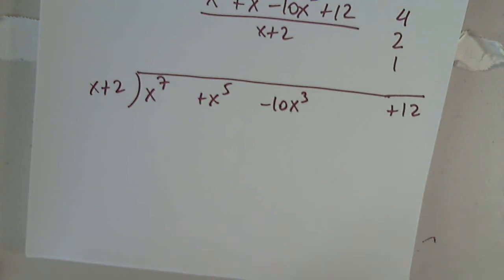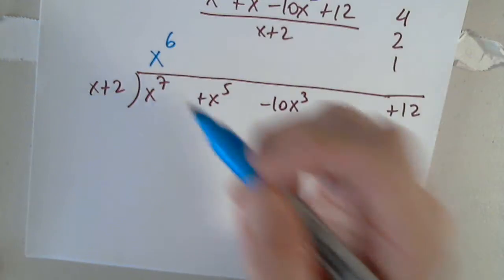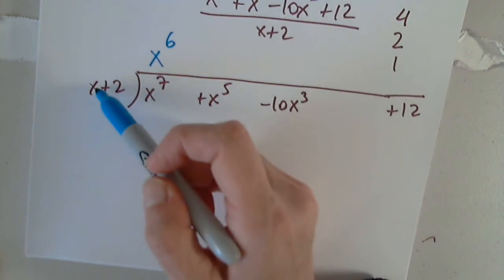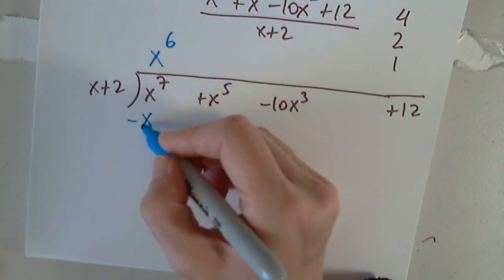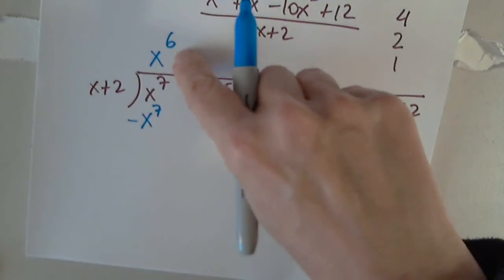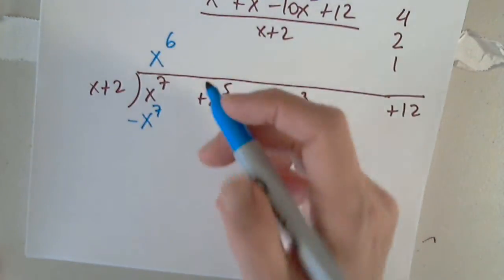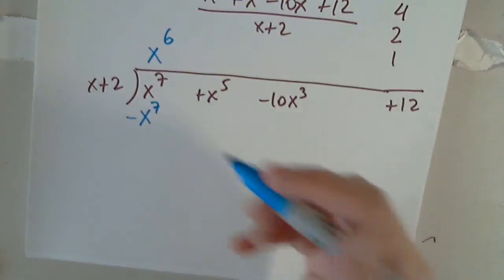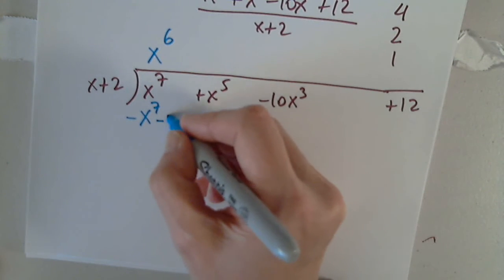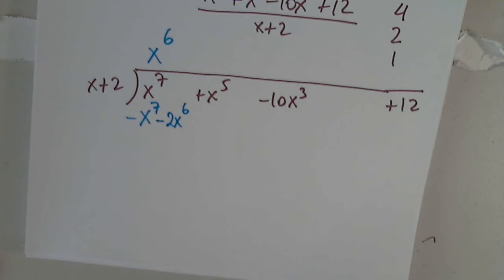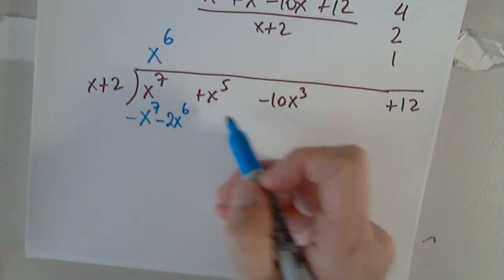So the first step, again, is x times what is x to the 7th. So the answer is x to the 6th. X to the 6th. I have to distribute, and I have x to the 6th times x, which is x to the 7th, and that is a like term. But x to the 6th times 2 is 2x to the 6th. I don't have x to the 6th here, so I use this spot as negative 2x to the 6th, because I cannot put it under any other.